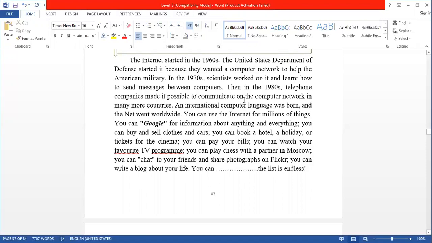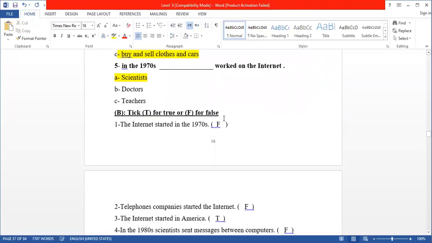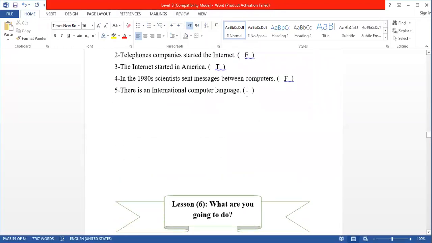Here he said, then in the 1980s, telephone companies made it possible to communicate on the computer network in many more countries. An international computer language was born, so it is true.